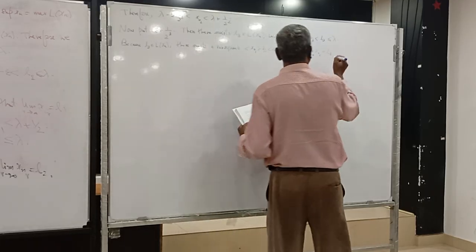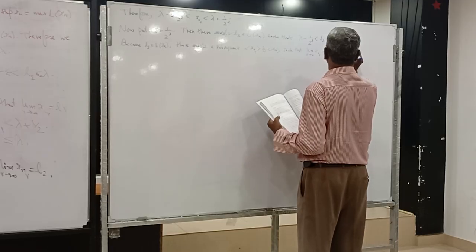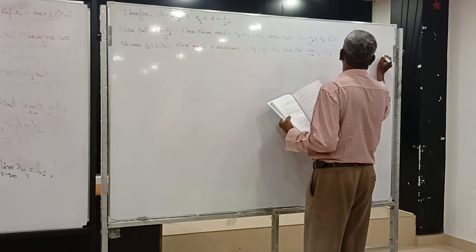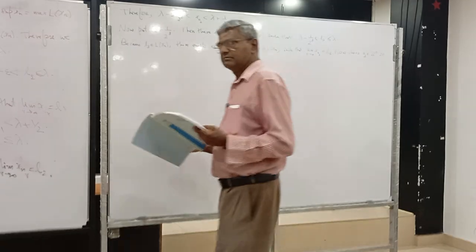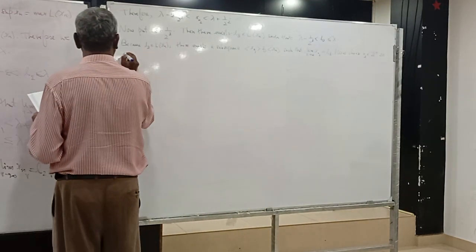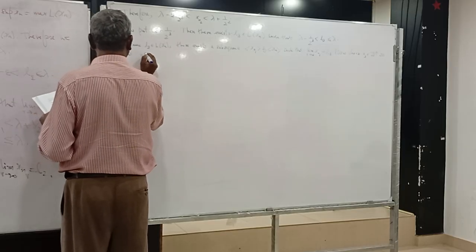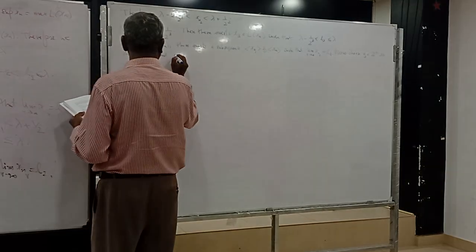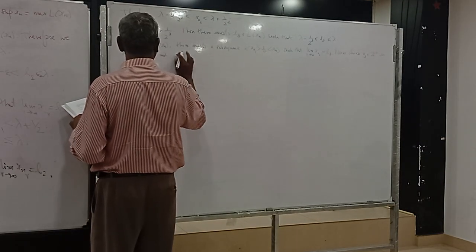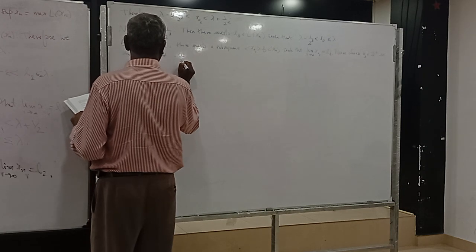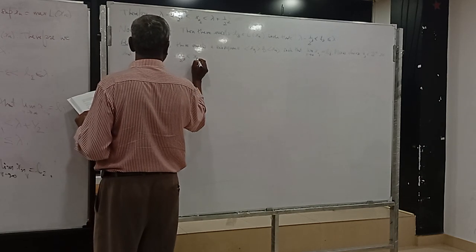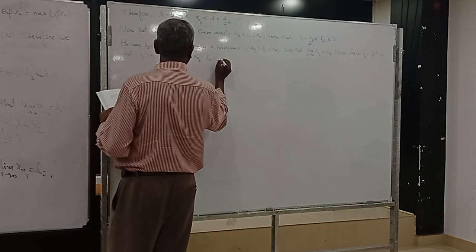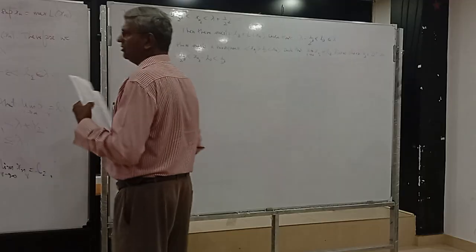Now choose n3 belonging to Z plus so that n3 is greater than n2, and minus 1 over 2 to the 3 is less than xn3 minus L3, which is less than 1 over 2 to the 3.